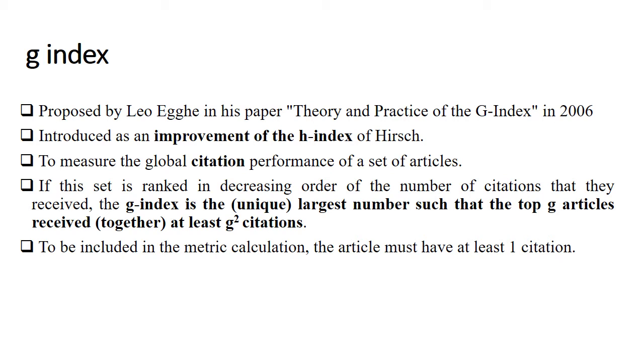Now what do we do to measure the G-Index? The first thing is to arrange the articles or publications in decreasing order of the number of citations, and then we calculate the G-Index. The G-Index is the largest number such that the top g articles received in total at least g square citations, where g refers to the number of articles.